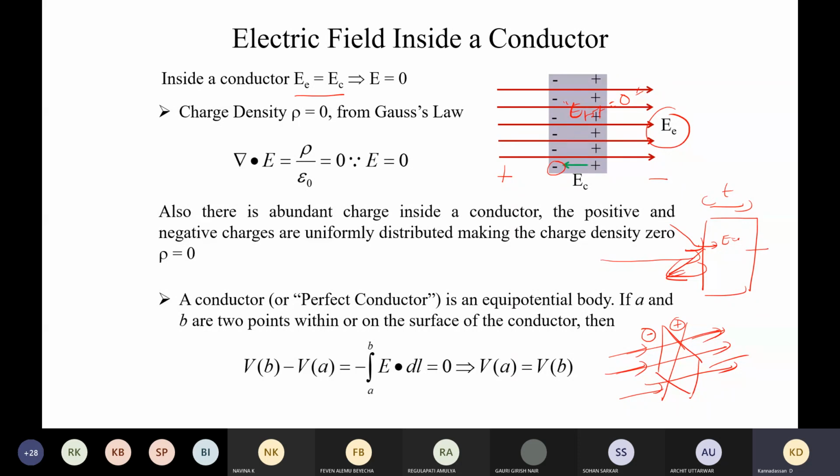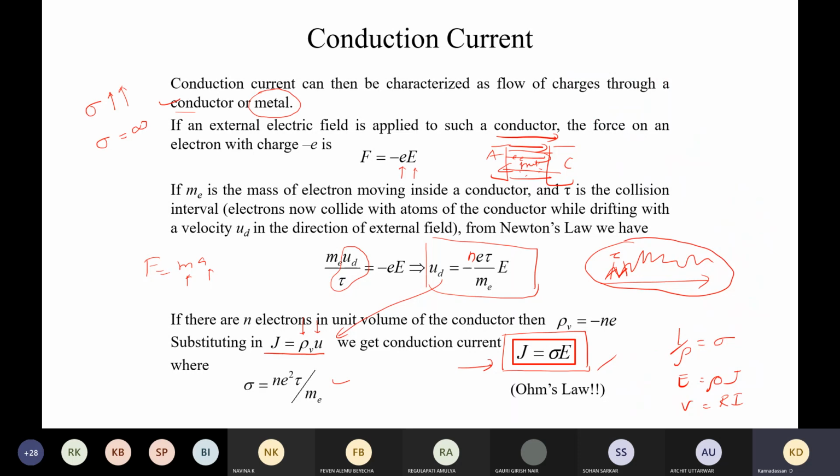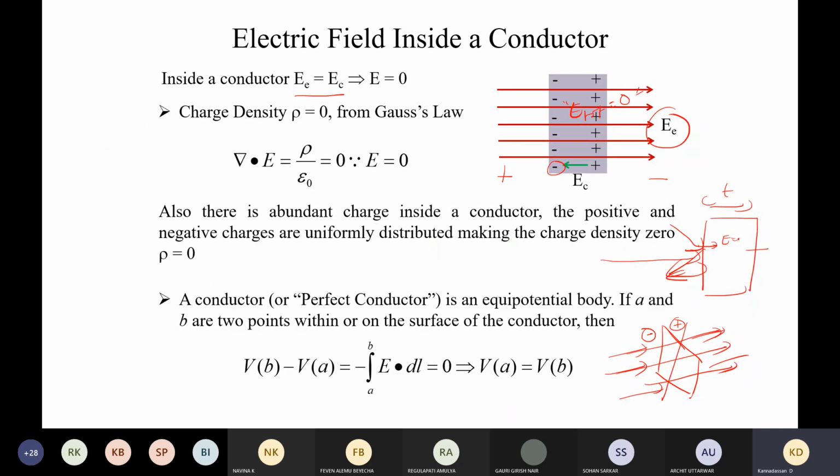When the electric field is induced inside the conductor, then we will get the movement of charge carriers due to this conduction current. And since the electric field inside the metal is equal to zero, and we know that the electric field is always due to the potential, the potential at any particular point in the conductor is always uniform. So if you take point A and point B, the potential at A and B will always be equal, and that makes the potential everywhere equal.